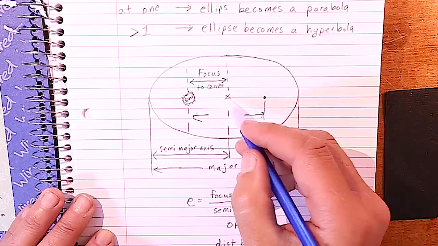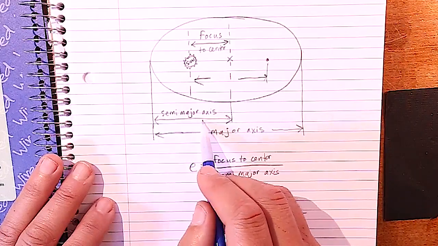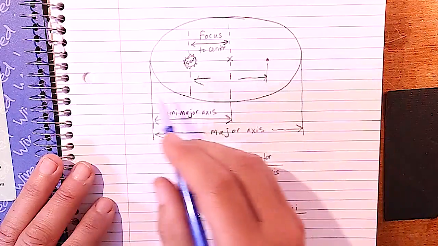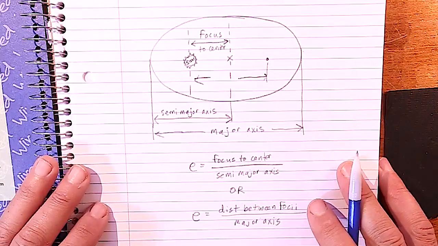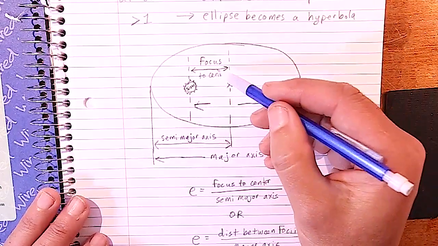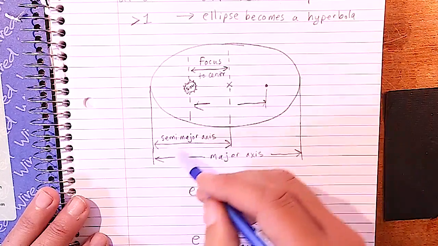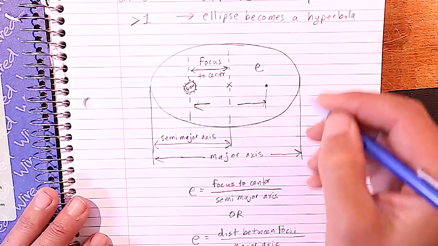And then we have the distance to the edge of the ellipse, which is called the semi-major axis, or we can do the distance between the two edges, which is the major axis. So the formula is this. If we divide the focus to center distance by the semi-major axis, that's how we get e, the eccentricity.